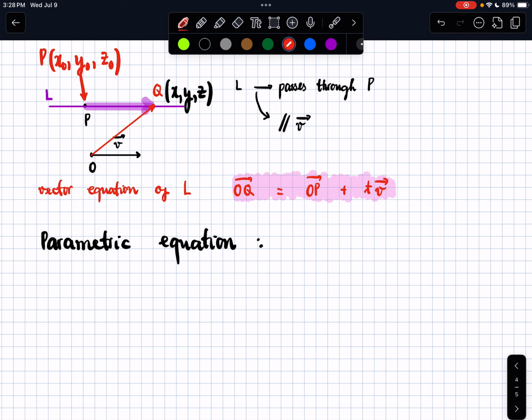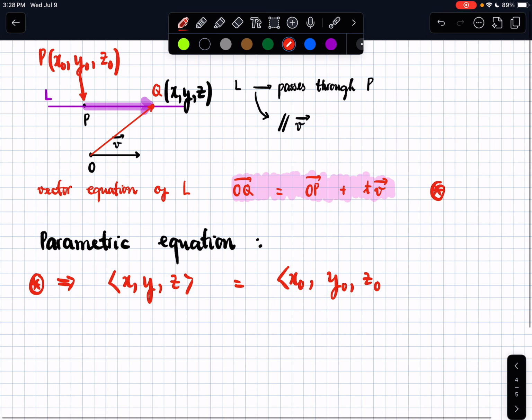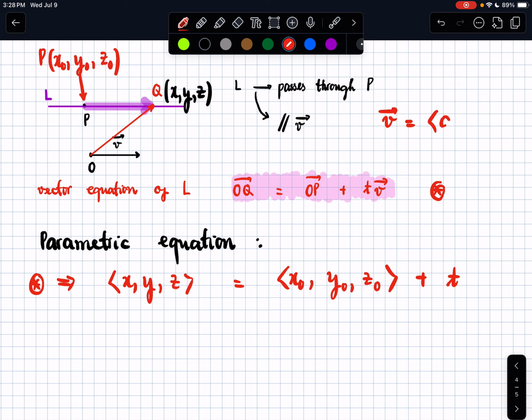Then the vector equation becomes x, y, z equals x0, y0, z0 plus T times V, where V, say, is the vector a, b, c.